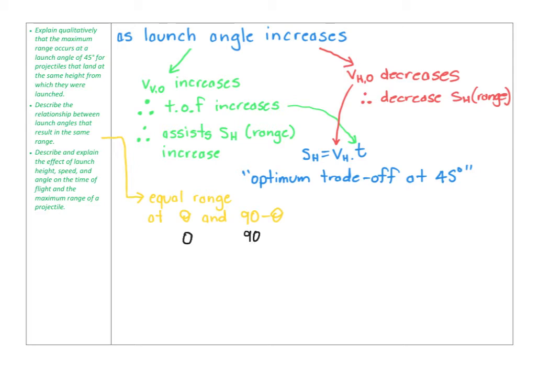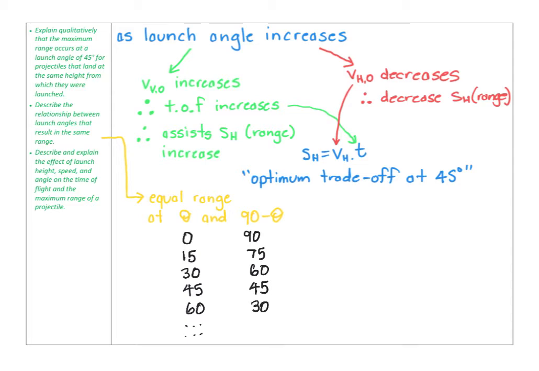Then, say, 15 and 90 minus 15, which is 75 degrees, and at 30 degrees and 60 degrees. And at 45 degrees, obviously, if the launch angle is the same, the range is the same. If we keep going, 60 and 30 is the same as 30 and 60, and so on.